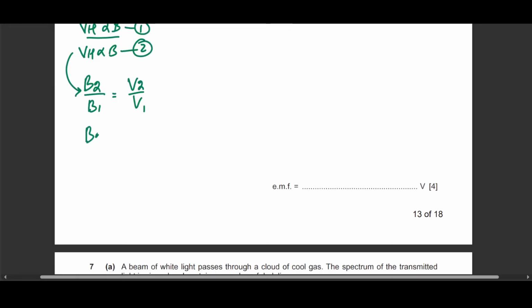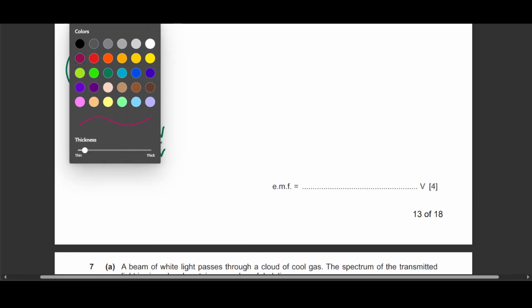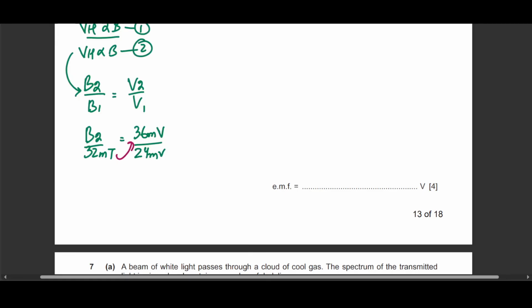So B2 is what we want to find out. B2 divided by the initial magnetic field of 32 millitesla is equal to the current maximum voltage, 36 millivolts, divided by the initial voltage, 24 millivolts, right? So this 32 goes over there and gets multiplied.